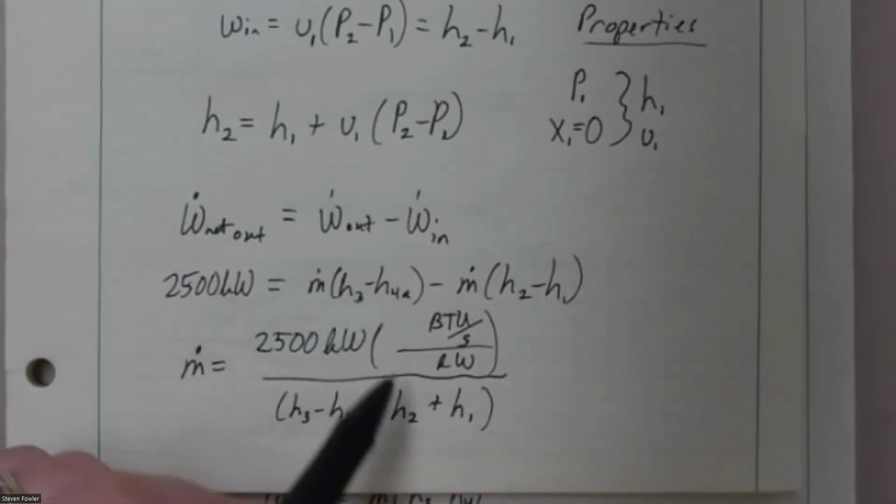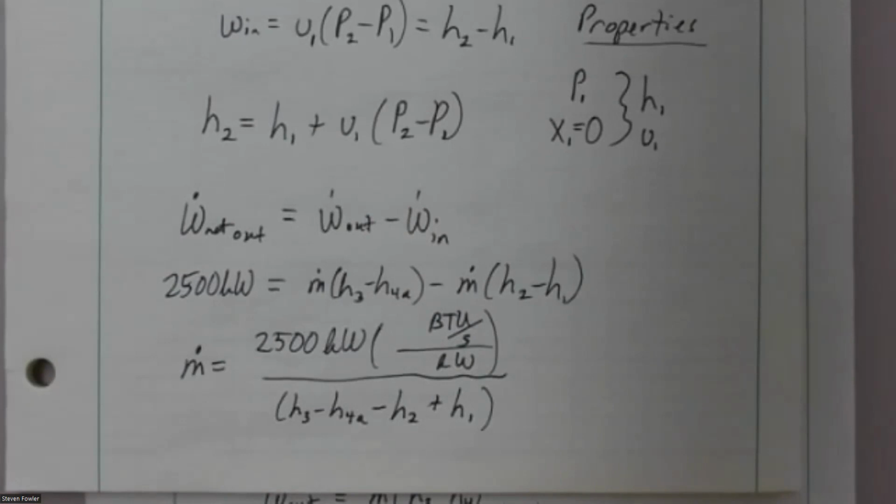So I need to know this conversion factor. Let's look here. It's sitting next to me if I can find it. Power, BTUs per second. That was horsepower. That's not going to help me. No, I don't have a direct one, do I?